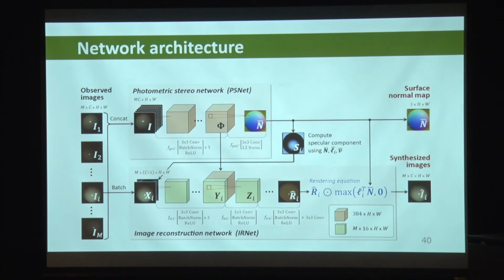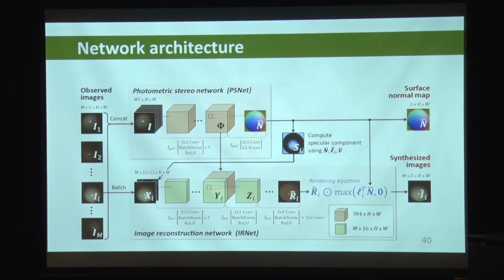Even without using deep learning, you can run an existing photometric stereo method to get a rough estimation of the surface normal. By using this, you can calculate what they call the specular component, because this is consistent with some observations in computer graphics as well.